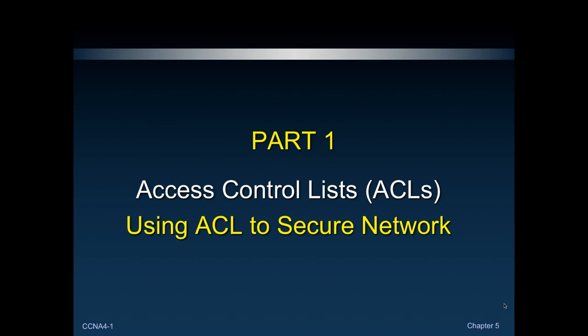Today, I would like to talk about a new topic, which is access control list, or abbreviated as ACL. So, in wide area network, ACL is one of the fundamental components of security. What is ACL?